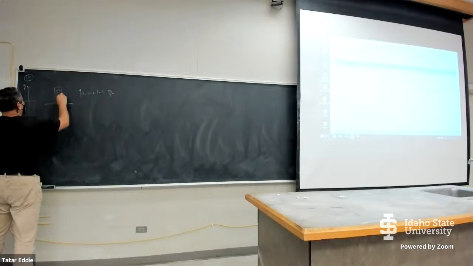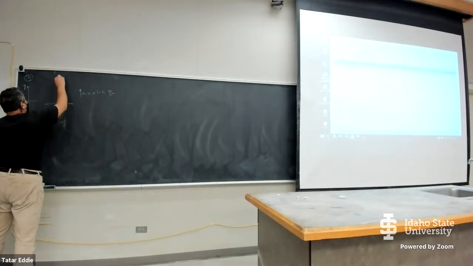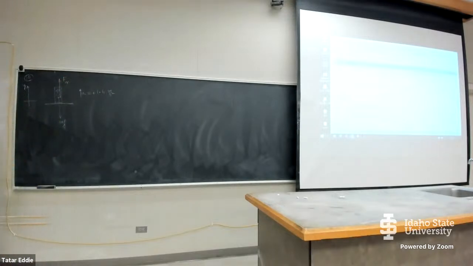And the normal force has to be perpendicular to the floor, this way. The apparent weight of the person is the normal force. This is the force with which the floor pushes your feet, and this is what you feel as weight.